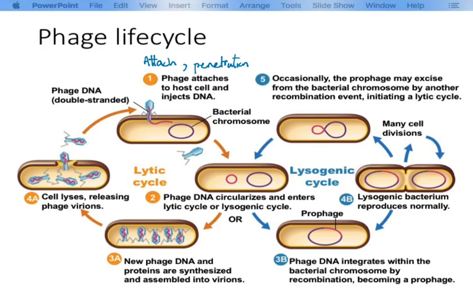To give you a sense of size, I've been using the E. coli genome size of about 5 million base pairs as reference throughout the semester. Phage genomes are usually about 100,000 base pairs. That's an average. There are many that are smaller, many that are maybe twice the size. But on average, the phage genome is about 1/50th the size of the bacterial genome.